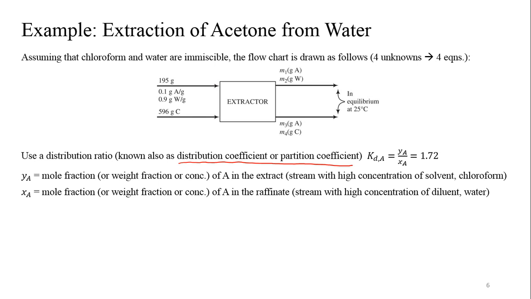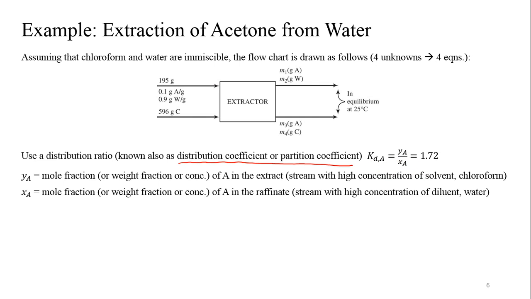The way it's defined effectively is it's essentially the fraction of the solute in the extract divided by the fraction of the solute in the raffinate, or whatever it was in the diluent initially. For this particular system, we find that we have a distribution coefficient of 1.72.